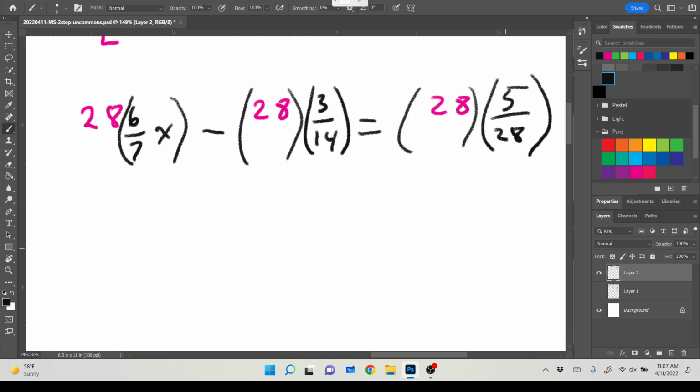Okay. So we're going to pre-reduce on all of these. What are we going to reduce this guy by? What goes into 28 and 7? 7 does. What's 28 divided by 7? 7 divided by 7?